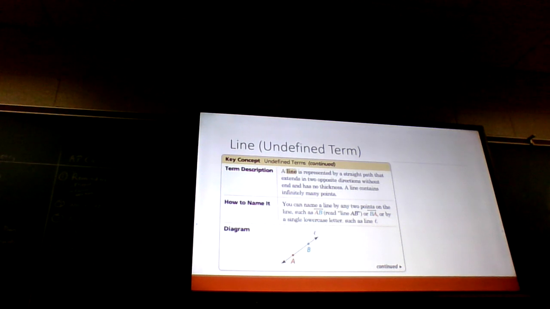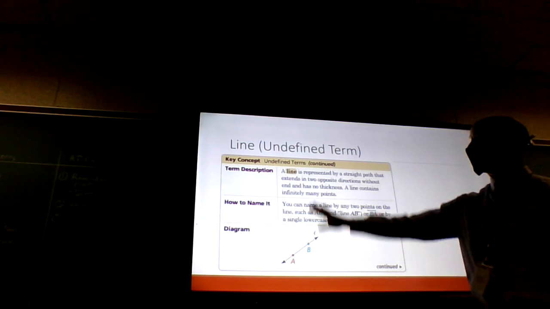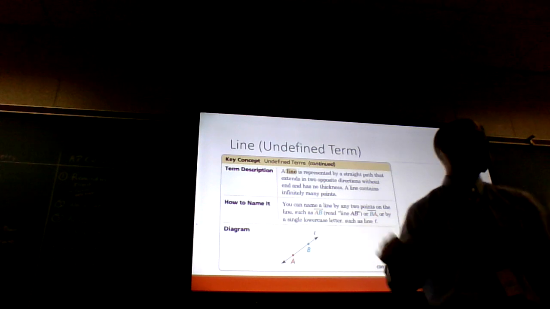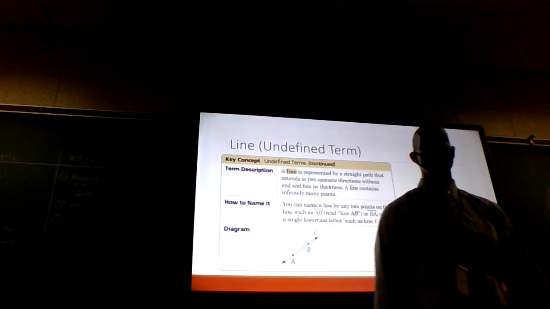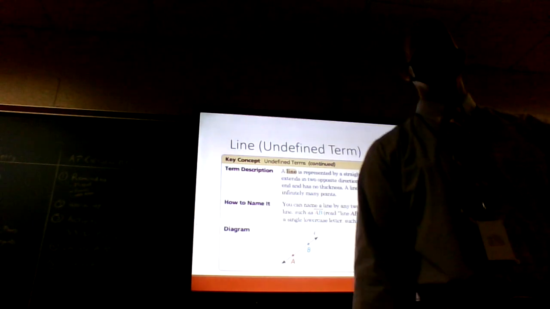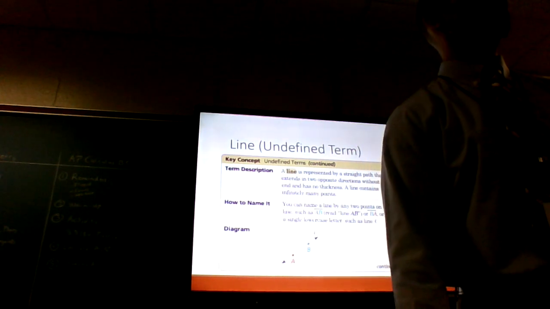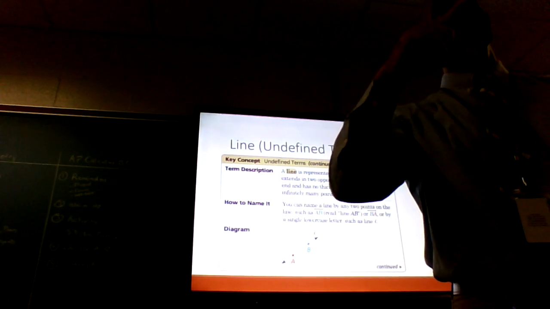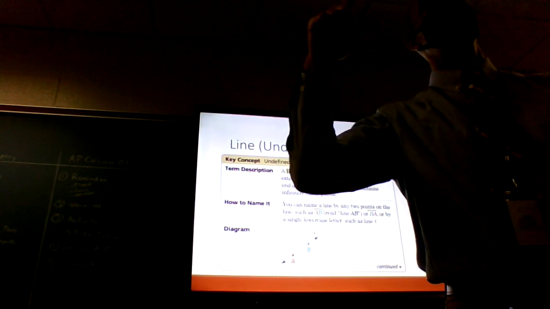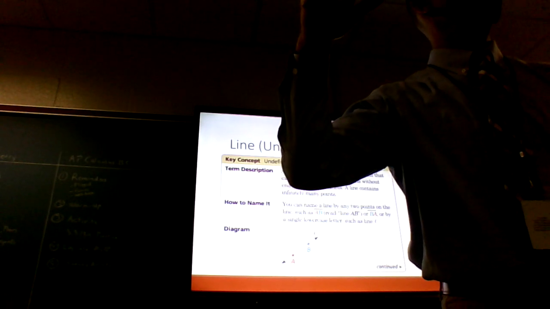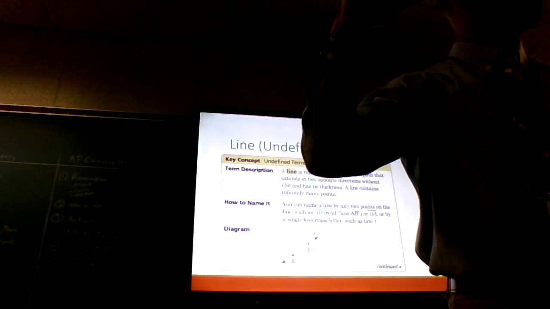Another undefined term is the term line. Now, most of you guys are, I'm sure, familiar. When we draw lines, we usually draw something like this that's straight, and we put arrows on. So that's a line. This is also undefined because if I asked you to define a line, guess what word you typically want to use when you start talking about a line? All the points that are in a, and then you want to use the word straight, and then the next word you want to use is line.